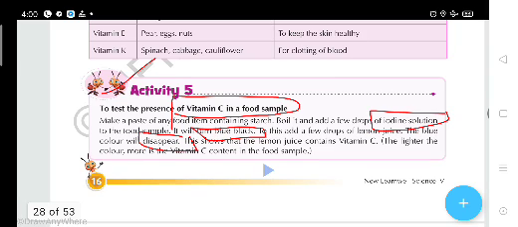Simply, we can say this shows that lemon juice contains vitamin C. So the lighter the color, the more vitamin C is contained in the food sample.